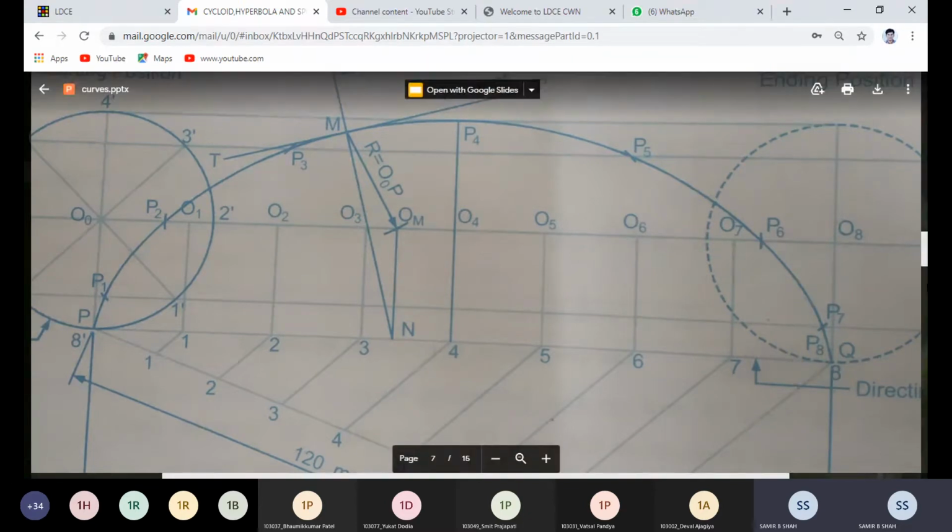Okay, now already we have mentioned 1, 2, 3, 4, 5, 6, 7, and 8 here.